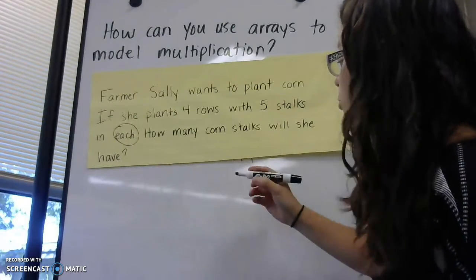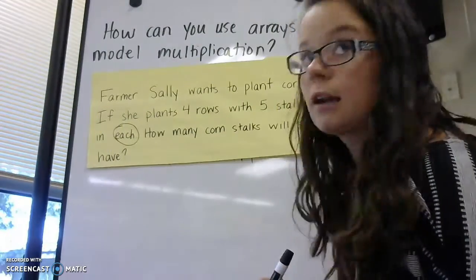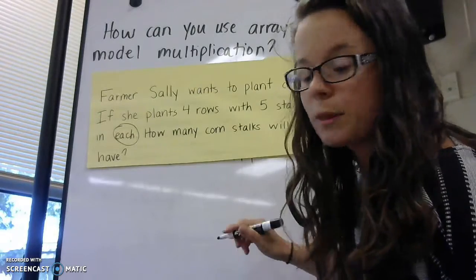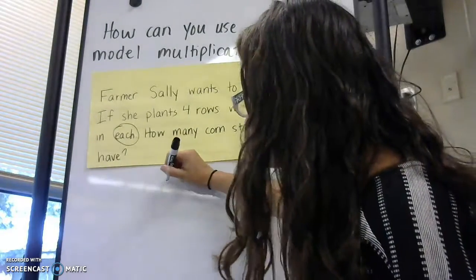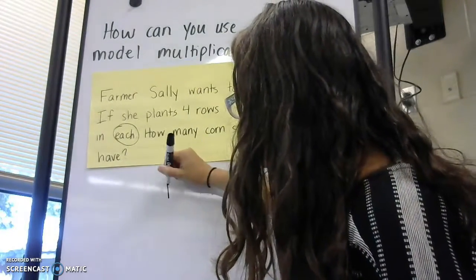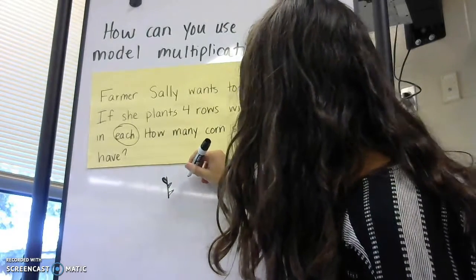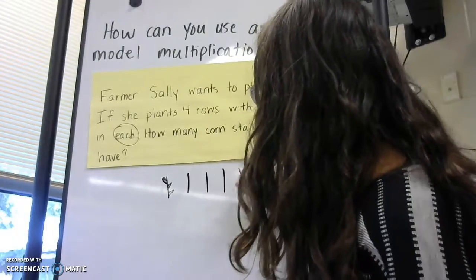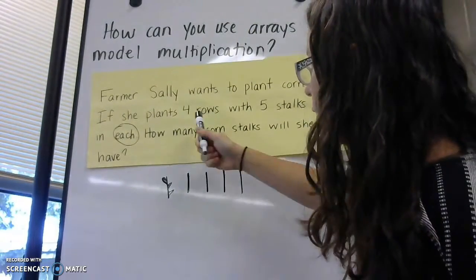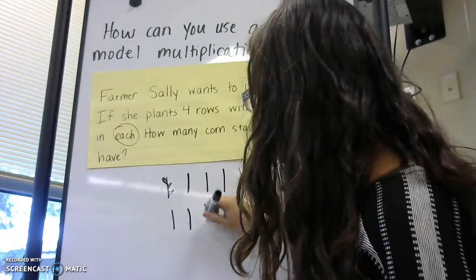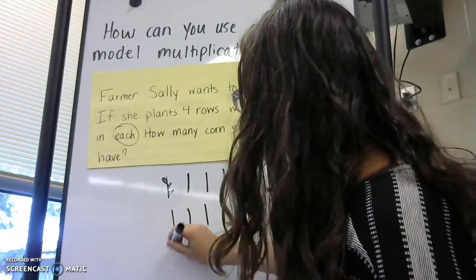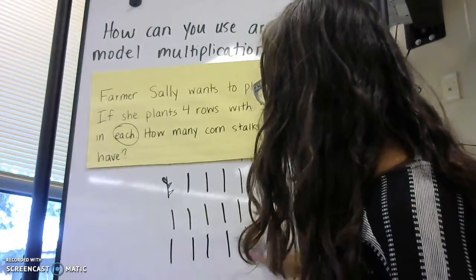I'm going to draw my corn. I could draw fancy corn stalks, but that might take a while, so I'm just going to represent them as lines. There's 1, 2, 3, 4, 5. Remember, there's 5 in each row, and there's 4 rows. 1, 2, 3, 4, 5. 1, 2, 3, 4, 5.